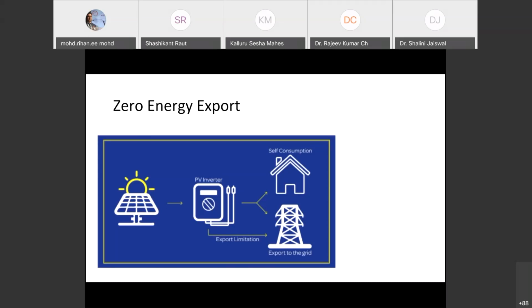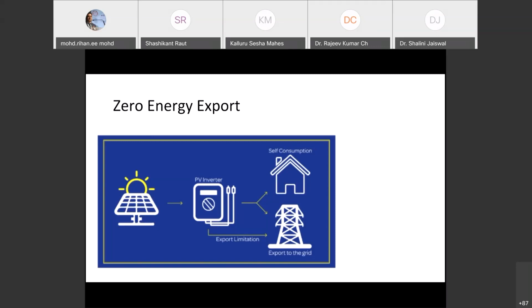So when you design the solar plant for any place, there is always a possibility that your generation may exceed your load. Now the policy is saying that you are not supposed to export the excess power to the grid. There are two aspects to that. One is the financial aspect. The power corporation, the government, does not want to pay you anymore for export, except for residential and agriculture consumers.